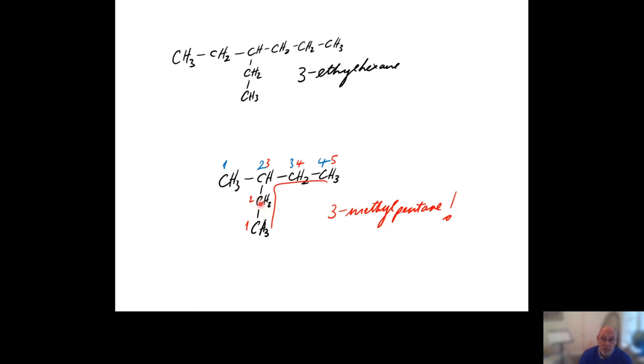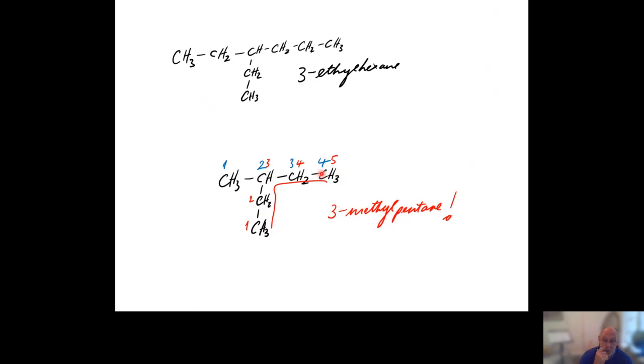Now you need to be careful with ethyl groups because you can't have an ethyl group 1 carbon from the end. If you looked at this molecule, you might be tempted to think that this is an ethyl, 1, 2, 3, 4, an ethylbutane, but you'd be wrong. Remember, the rule says you've got to find the longest carbon chain.